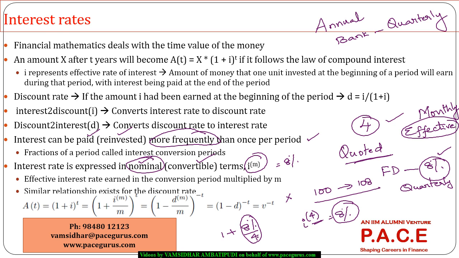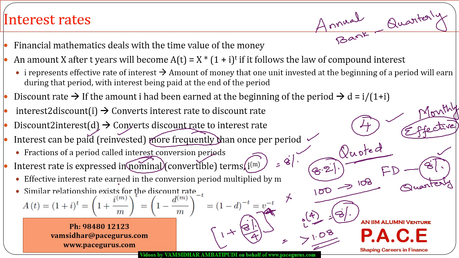So the nominal interest rate divided by the number of periods of conversion, to the power of the number of conversion periods during the period, which might result in something greater than 1.08 itself. Which means an effective rate may not be 8%, it may be 8.2%. But the bank cannot quote it as 8.2%, they'll still quote it as 8% itself.